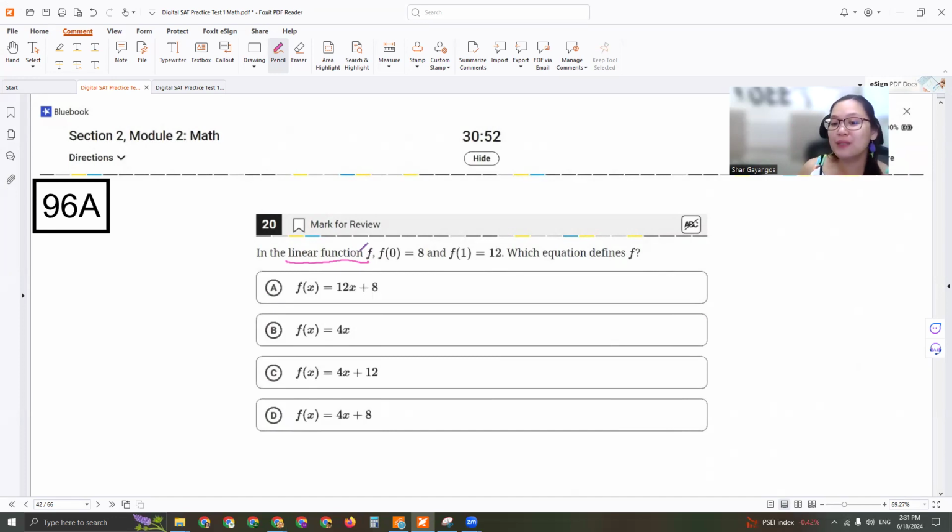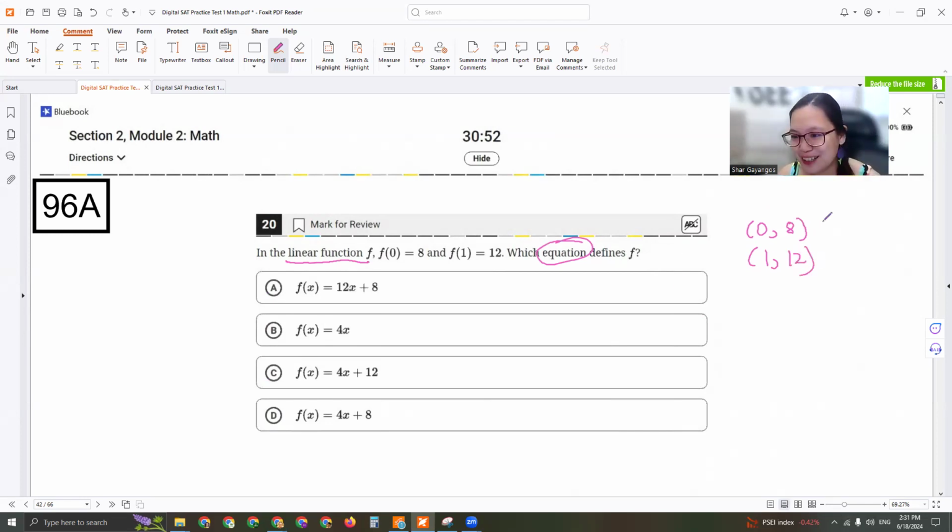That's what you'll probably need to find the equation, right? So this looks a little bit intimidating or unfamiliar because it's written this way. So why don't we write them in coordinate form? So this tells us that when x is 0, y is 8, and if x is 1, y is 12.